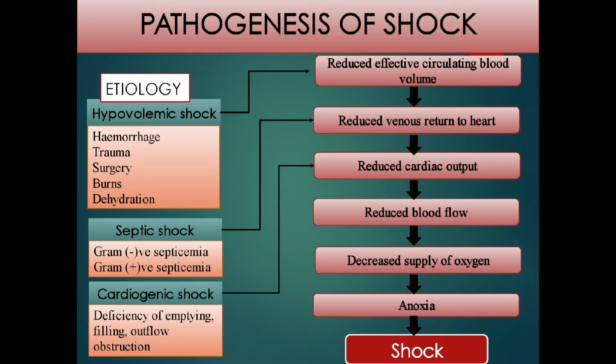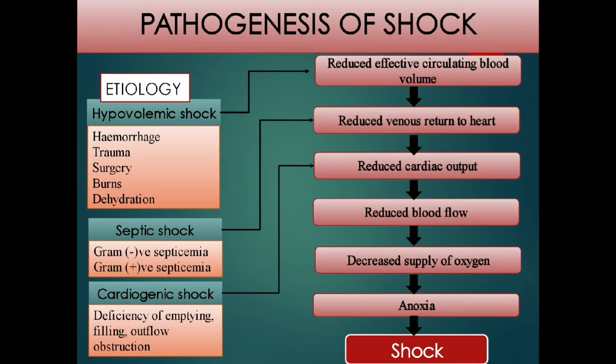As shown in this flow chart, in case of hypovolemic shock, hemorrhage, trauma, surgery, burns, dehydration, there is reduction in the effective circulating blood volume. As a result, there is reduced venous return to the heart, reduced cardiac output, then reduced blood flow. As a result, decreased oxygen supply to the various tissues, resulting in tissue anoxia and shock.